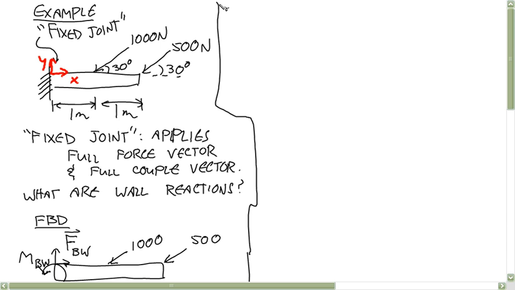All right, let's do another example. So this time, we have a beam that's attached to the ground by a hinge joint on the left, and it's attached to the ground by rollers in the middle.